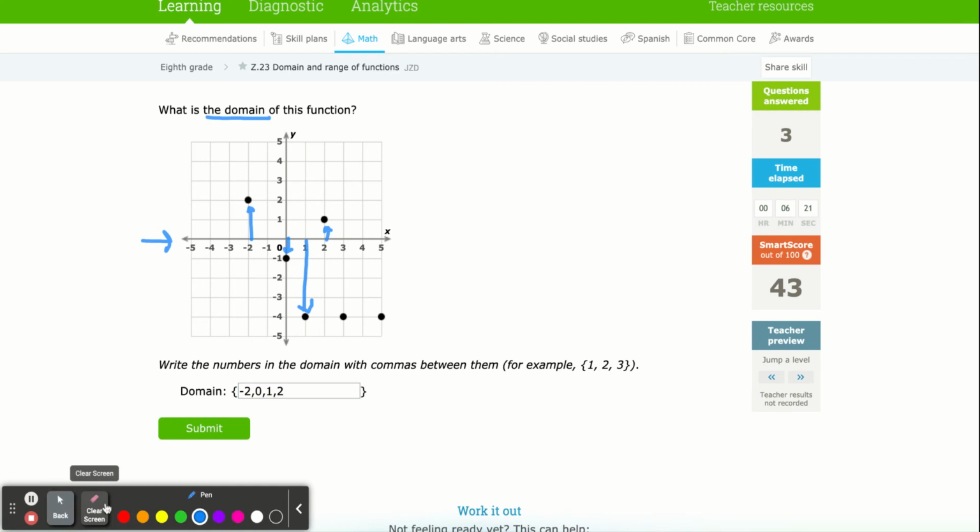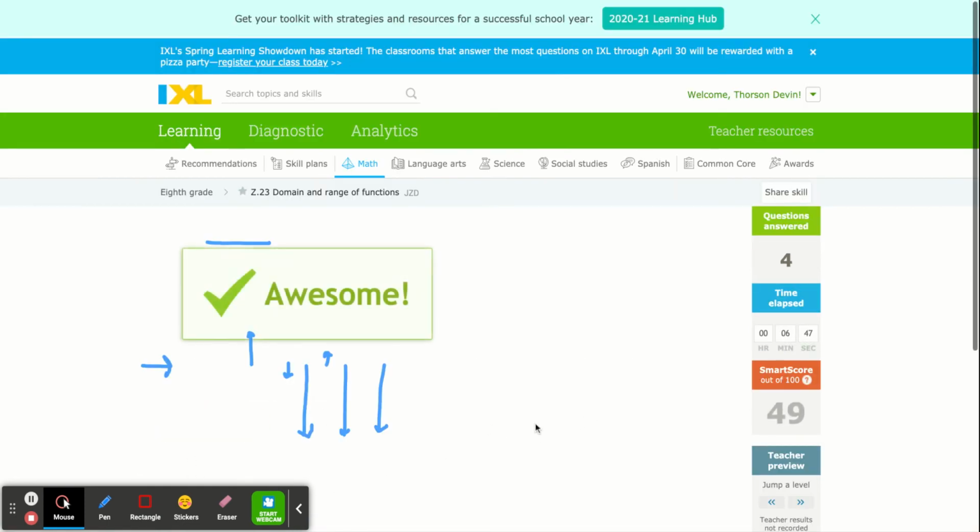And then I continue along my x-axis until I find the next point that lines up with an x value of 3. Make sure you put in your commas, and then the last point obviously has an x value of 5. Looks like I didn't put a comma in there, I put a K. I meant to do a comma, and then 5. And I submit.